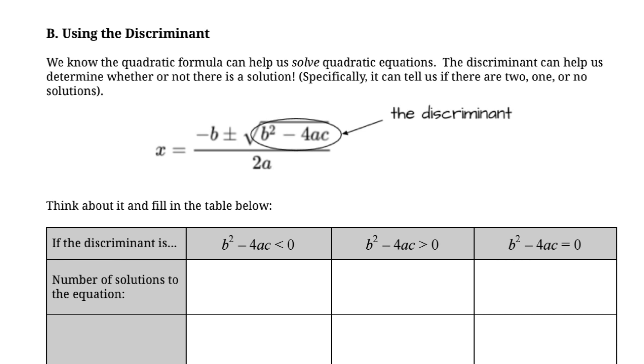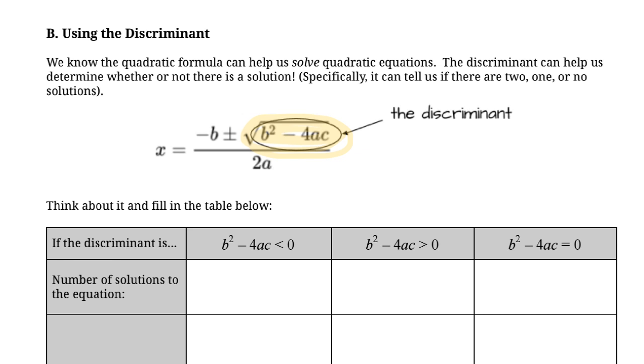Now, there is a particular portion of that formula which is circled for you there, the b squared minus 4ac. That is a specific portion of the formula that we call the discriminant. The discriminant can help us determine whether or not there is a solution to a specific quadratic equation.